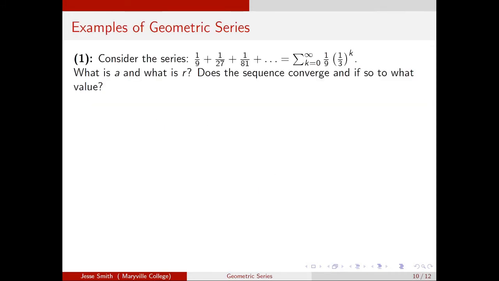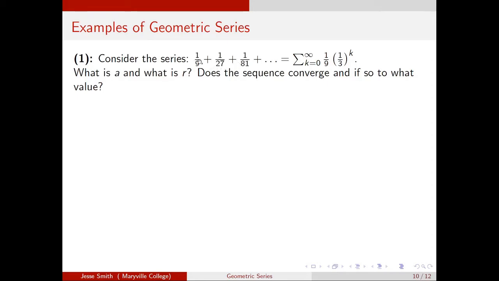So let's see some examples of applying this. Consider the series 1/9 plus 1/27 plus 1 over 81, etc. If I want to figure out a formula for this summation, to notice that it's a geometric series, I notice that to go from here to here, I multiply by 1/3. And to go from here to here, I multiply by 1/3.